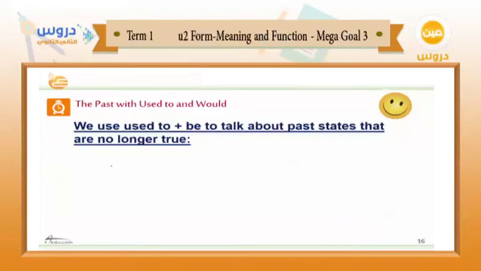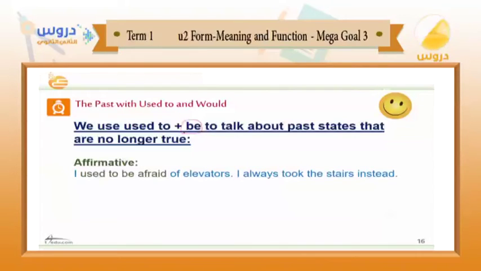So we use used to plus be to talk about past states that are no longer true. For example, I used to be afraid of elevators.